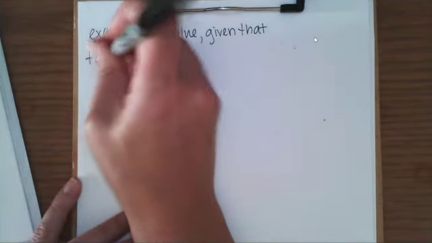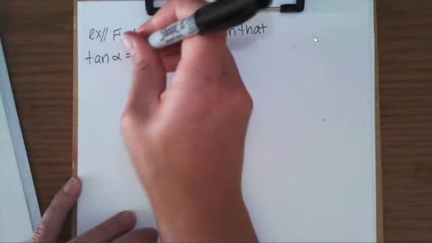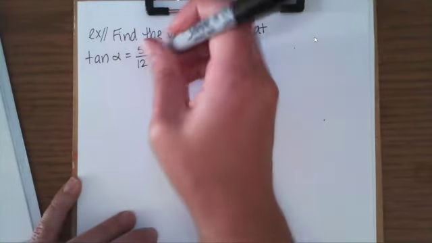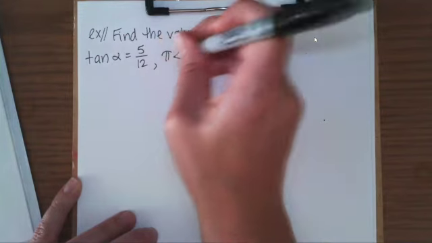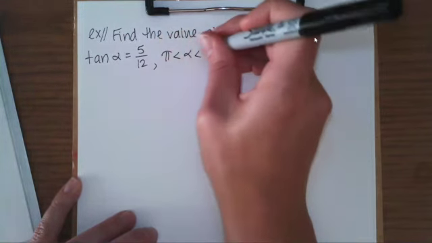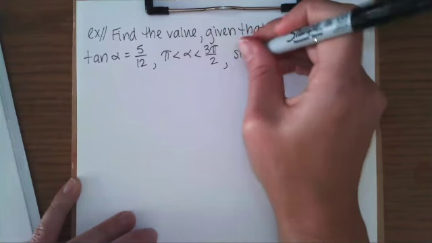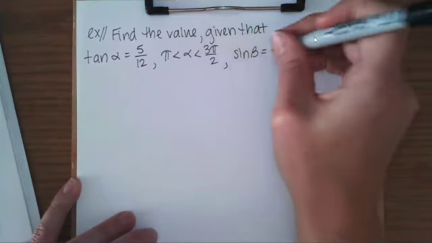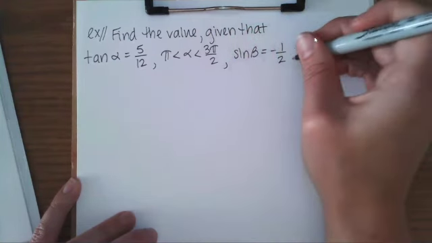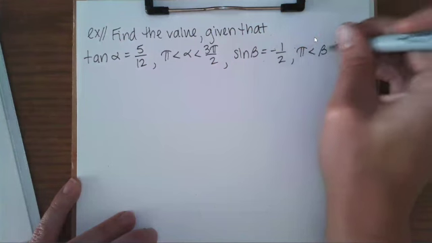Given that tangent of alpha is equal to 5/12, and alpha is between pi and 3 pi over 2. And sine of beta is equal to -1/2, and beta is between pi and 3 pi over 2.